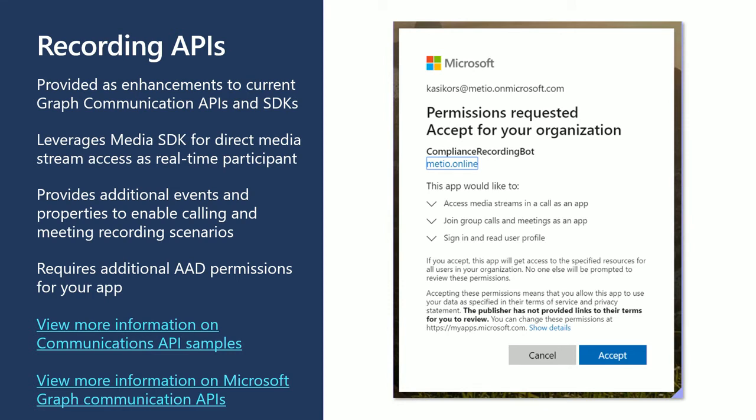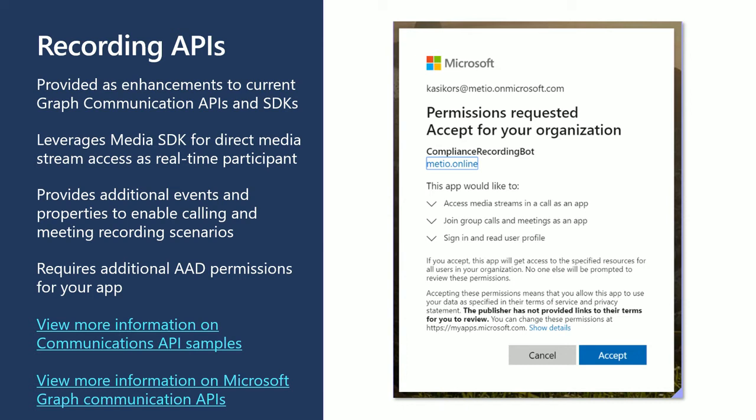We have a calling SDK, we have a media SDK. This allows you to get additional information, events and properties that allow you to support these different scenarios. Who was the call from? Who transferred the call? All of these types of information that you want to collect as part of your recorder to make this happen.